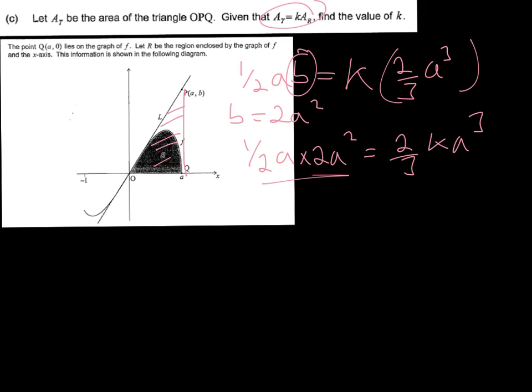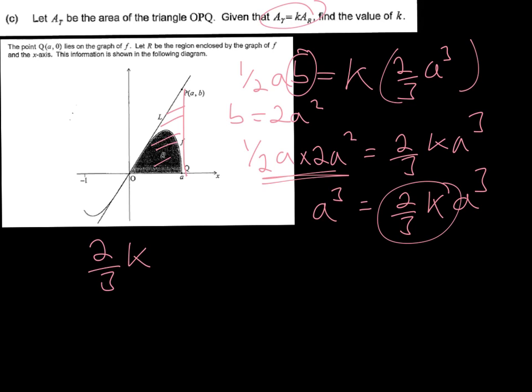And simplifying this, I will end up with a cubed equals 2/3 k a cubed. So therefore, this value here, 2/3 k, must equal 1. So therefore, I can solve for k, which must equal 3 over 2.